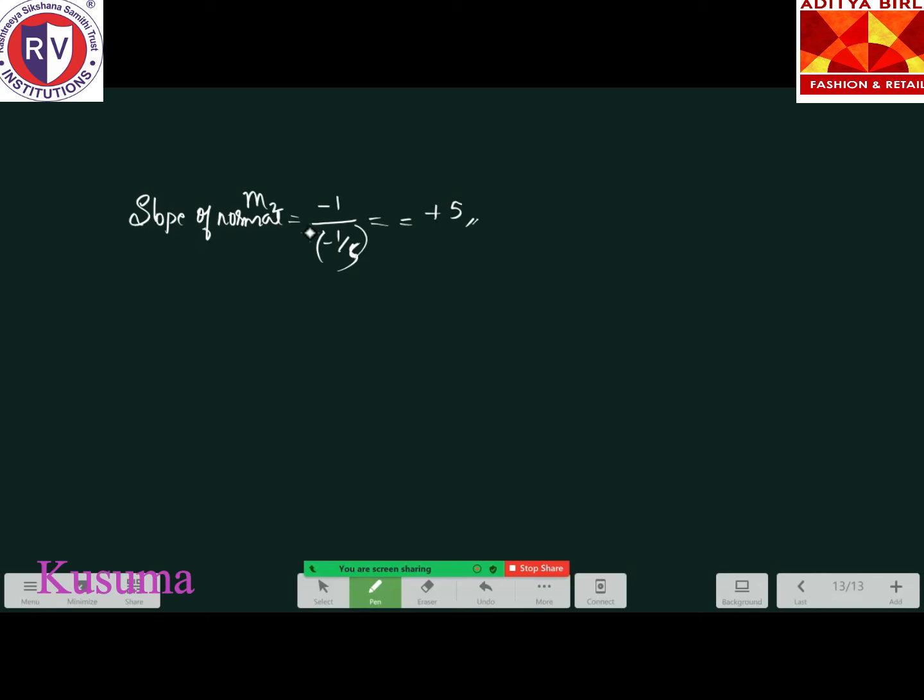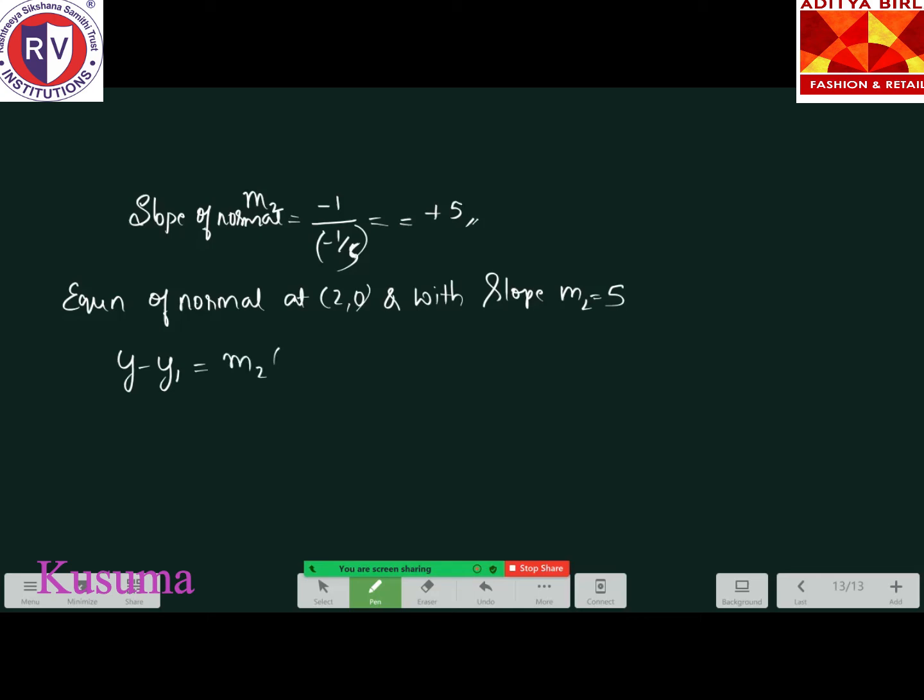Okay. Now the equation of the normal at (2, 0) and with slope m2, which is equal to 5, will be given by y minus y1 is equal to m2 into x minus x1.